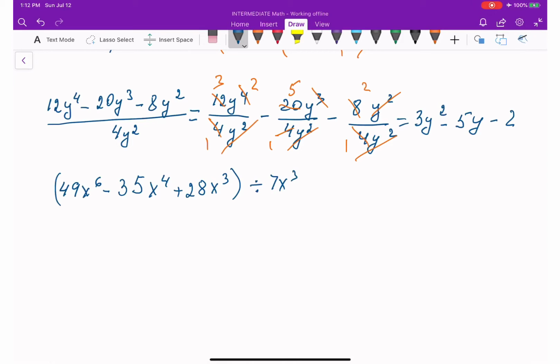All right. So let's take the first one and divide by 7x cubed. What do we get? 49 and 7.